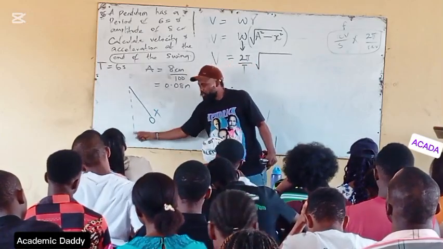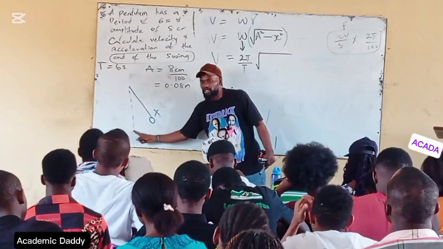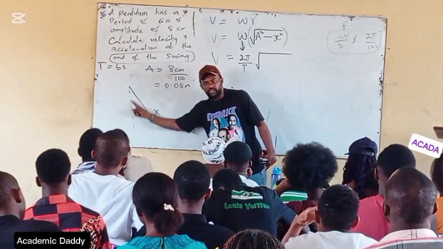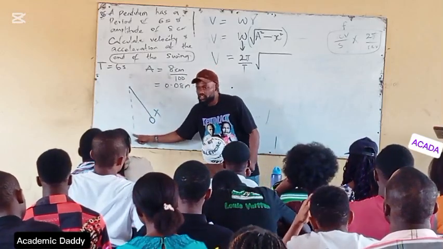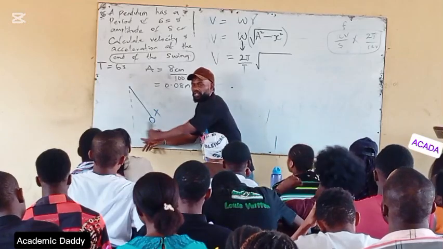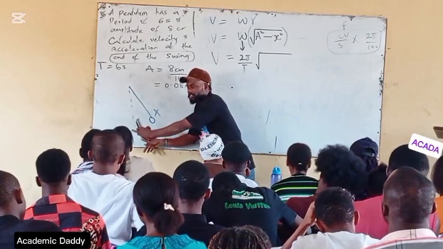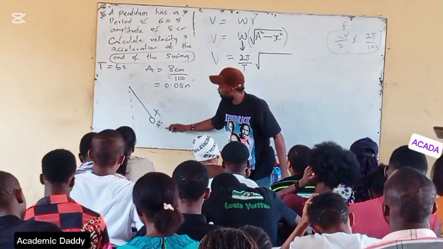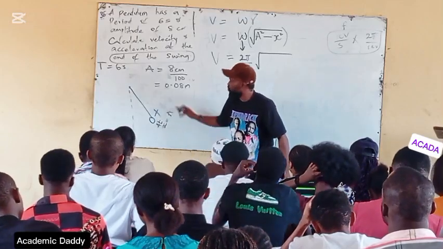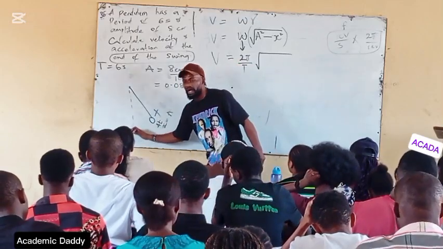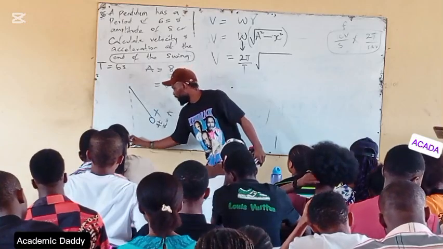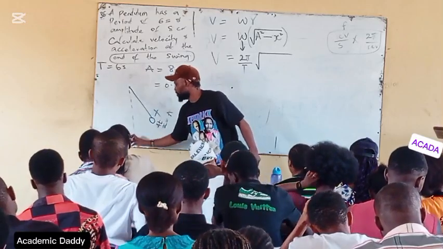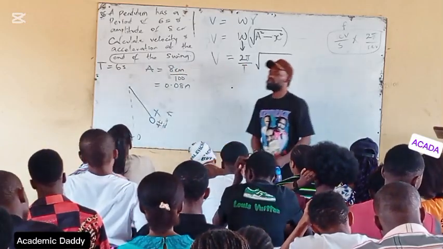Why at the middle, at the point of equilibrium, is displacement equal to 0? At this point, if you come here, it is not moving, it's not giving space, and that is what displacement is. So here is 0, while at the end of the swing, displacement is equal to amplitude. At the middle, or at the point of equilibrium, displacement is equal to 0. You need to know that.